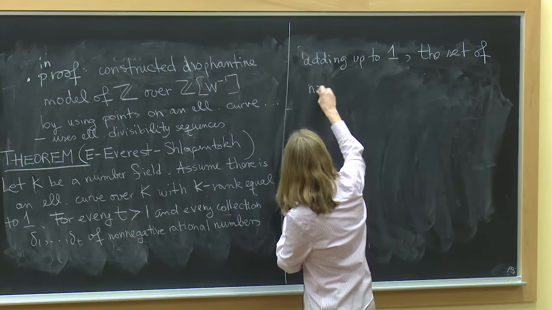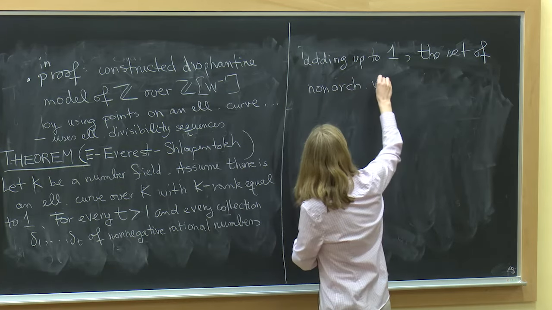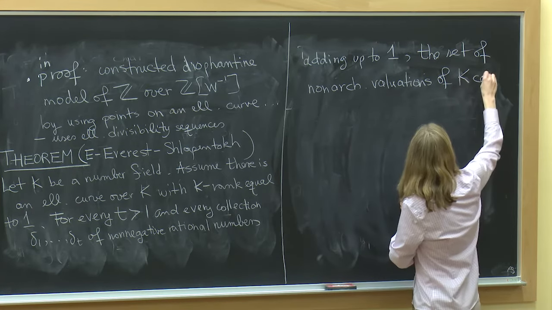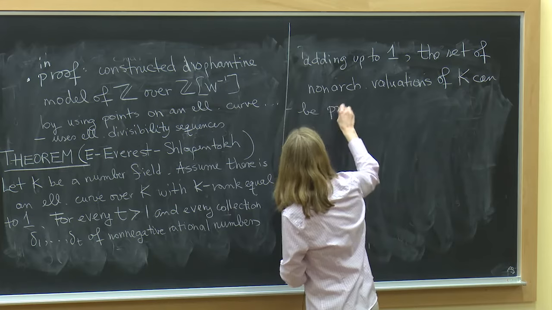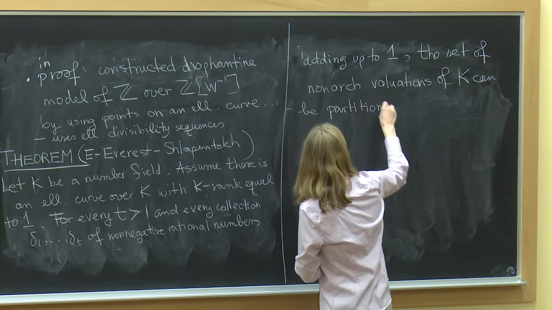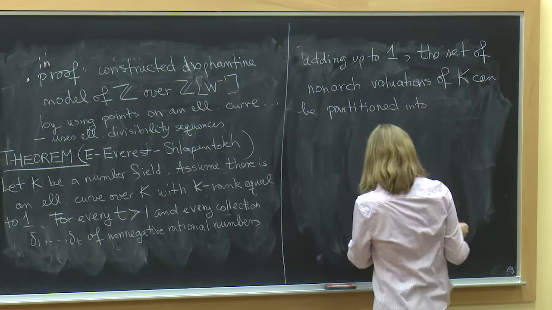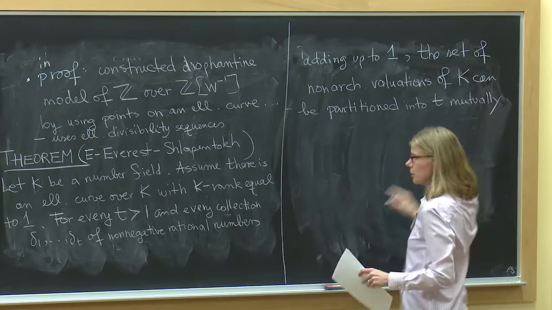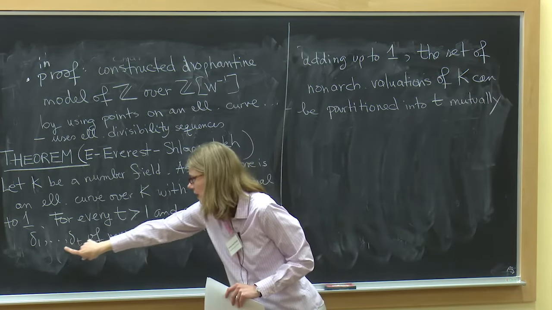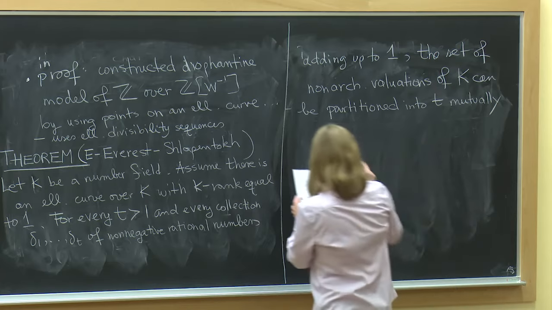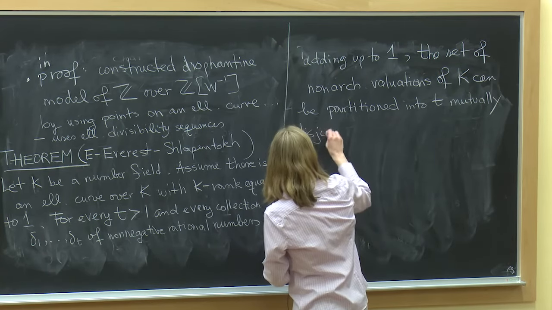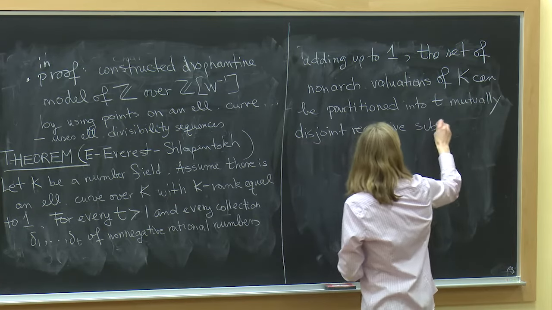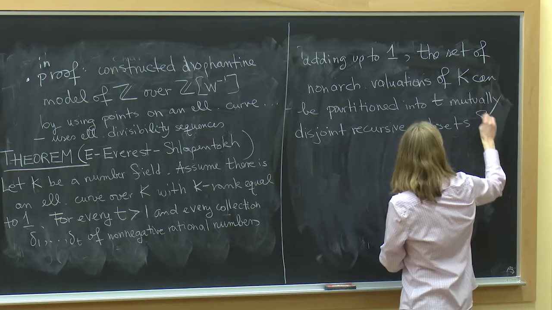So the set of non-Archimedean valuations of K can be partitioned into T mutually disjoint recursive subsets, S1 through ST. Some of these can be 0.